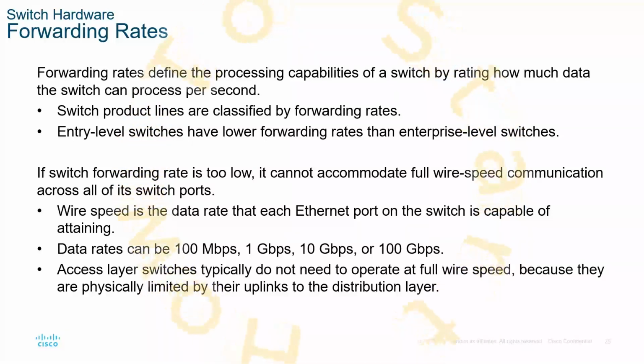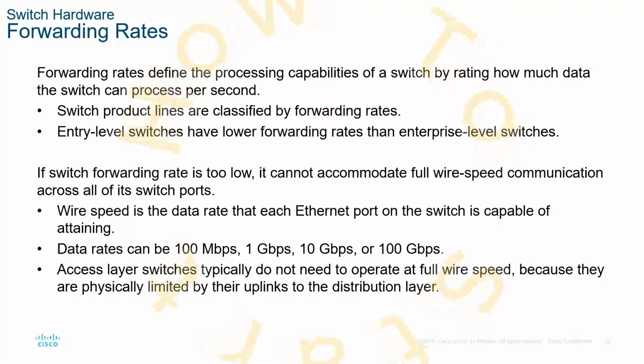Port rates or data rates are typically measured in megabits, gigabits, 10 gig, 100 gig, or more. Access layer switches typically do not need to operate at the full wired speed because they're physically limited basically by their uplink. They may have one uplink of a gigabit.